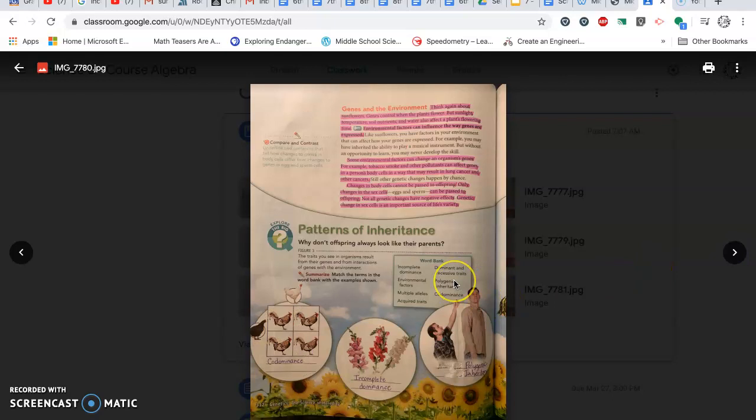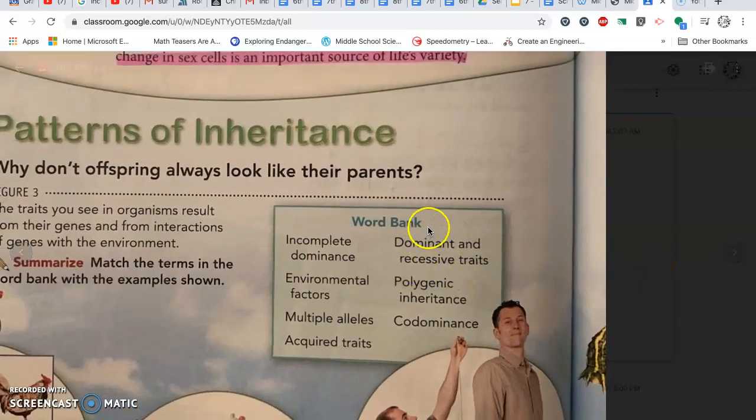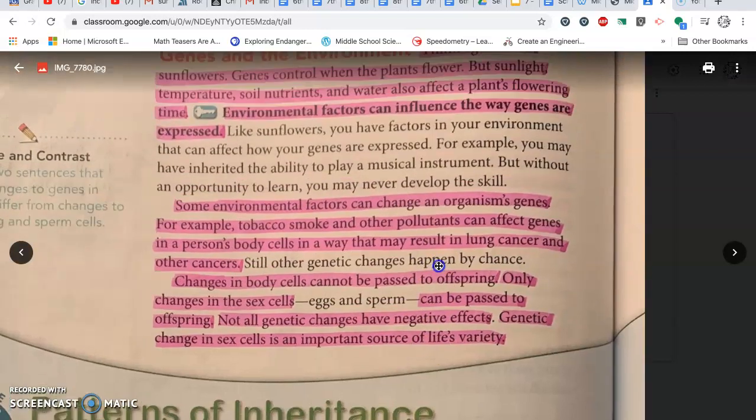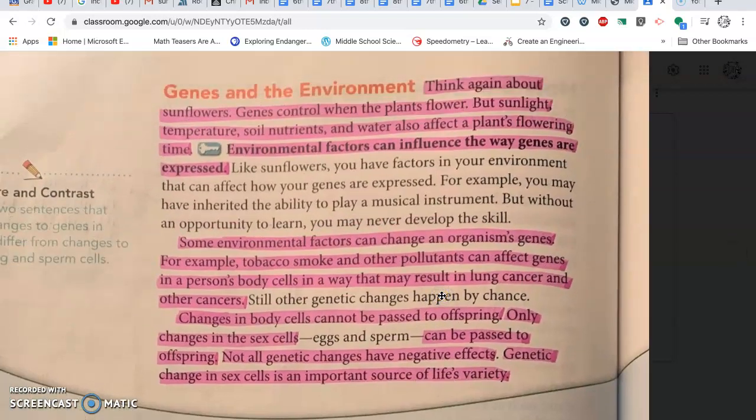Another thing to think about, though, is that when we are looking at situations with plants, there are factors in the environment that are also going to influence that plant's ability to flower. The amount of rain, the amount of sunlight, the soil. Those would be environmental factors that are influencing the expression of the trait, the expression of the flowering.